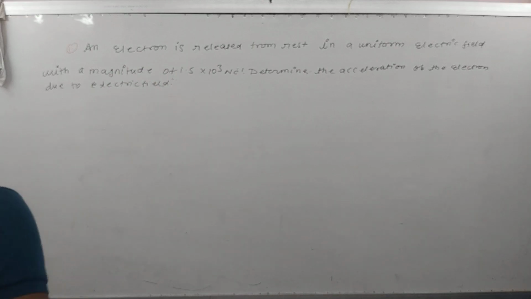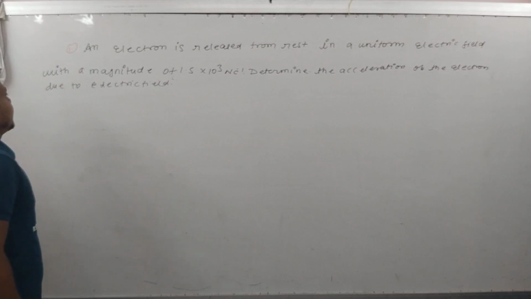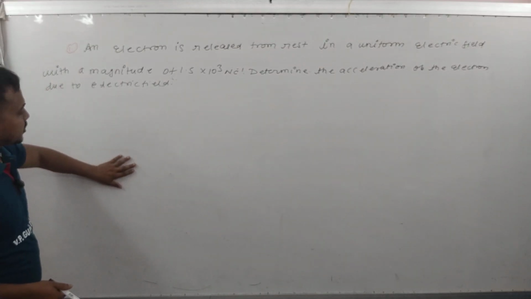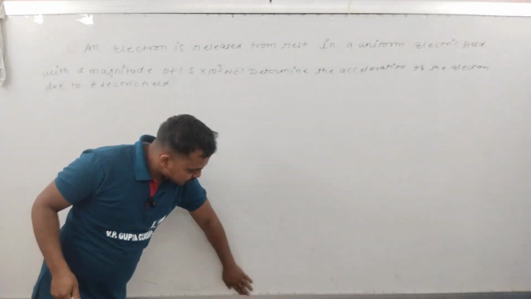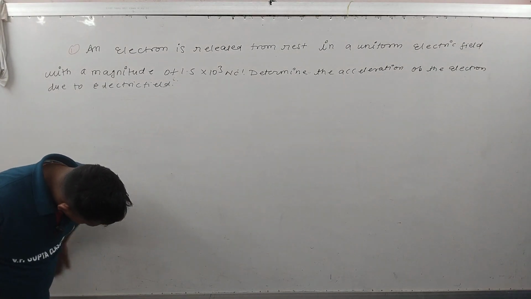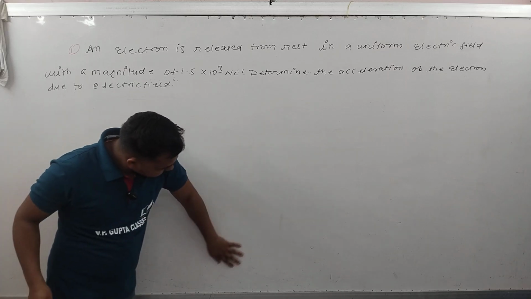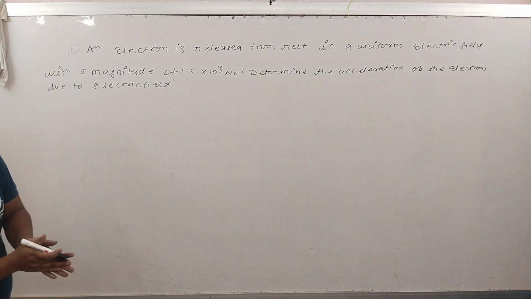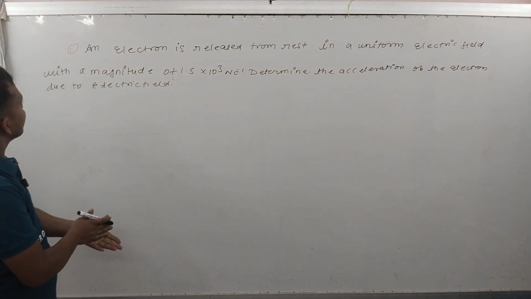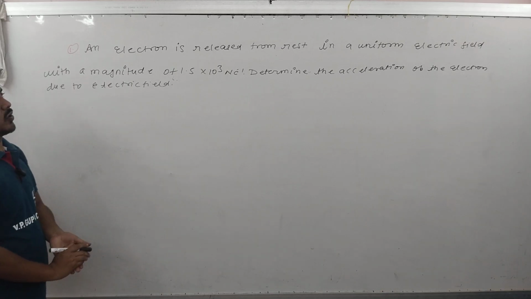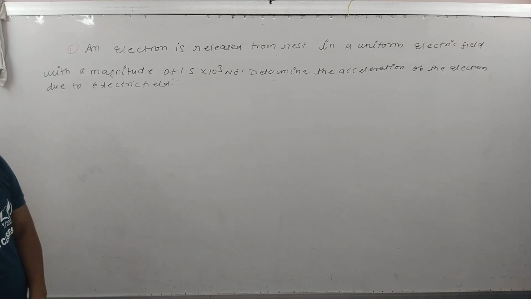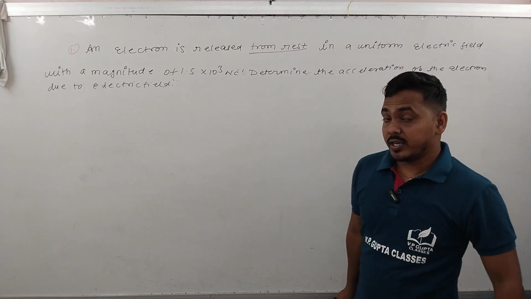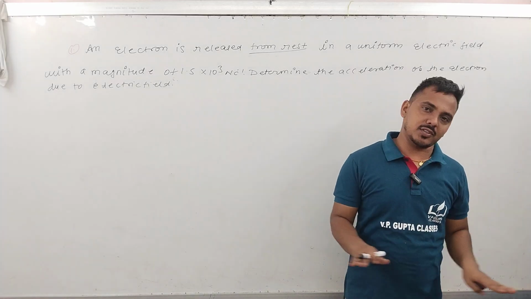I will solve these questions. First of all, I read the question. An electron is released from rest. Point to be noted, from rest, that is initial velocity 0.